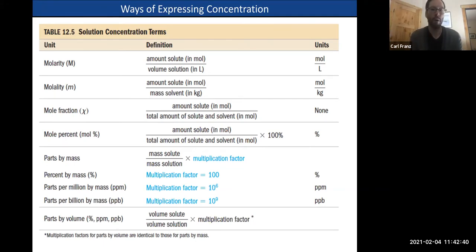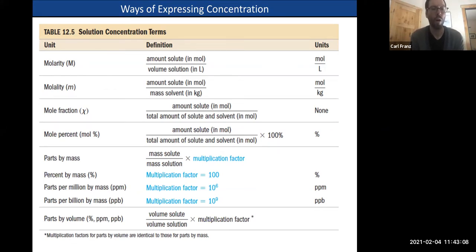And then you can do parts by mass, which is mass of the solute over the mass of the solution. We can look at percent by mass, and then we have ppm, ppb, parts per million, parts per billion. That's a very common calculation when talking about concentrations of certain things in a solution.